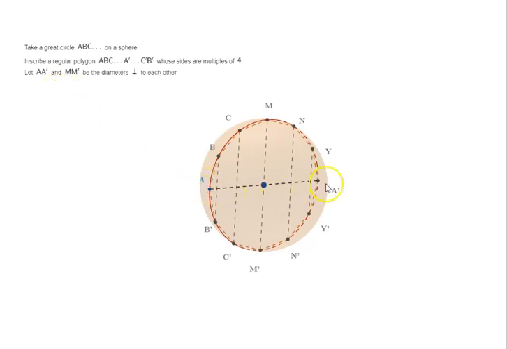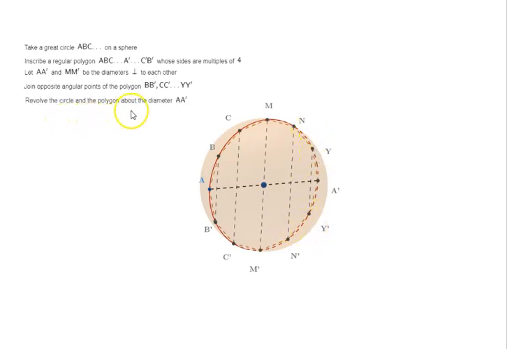Let A'A and M'N' be the diameters perpendicular to each other. Join opposite angular points of the polygon, B'B, C'C, M'N', and so on.